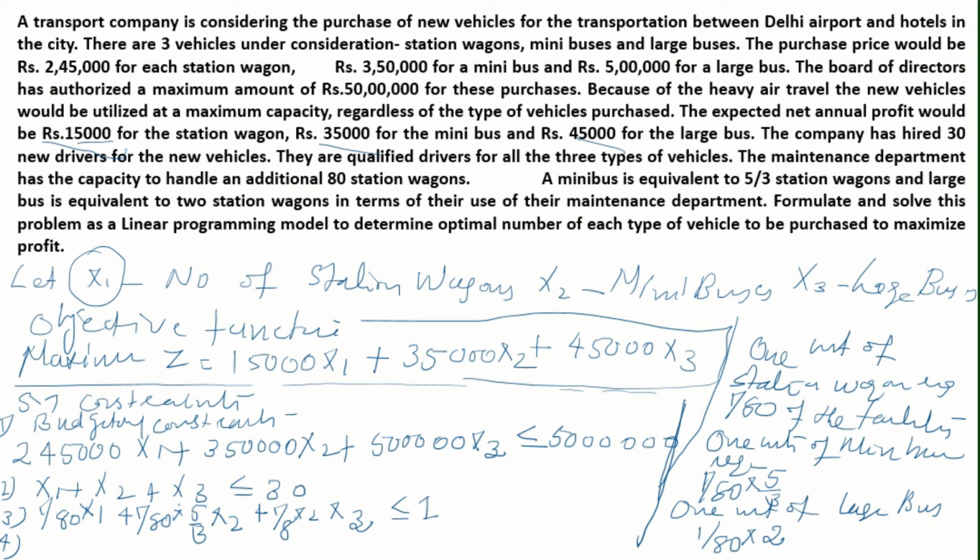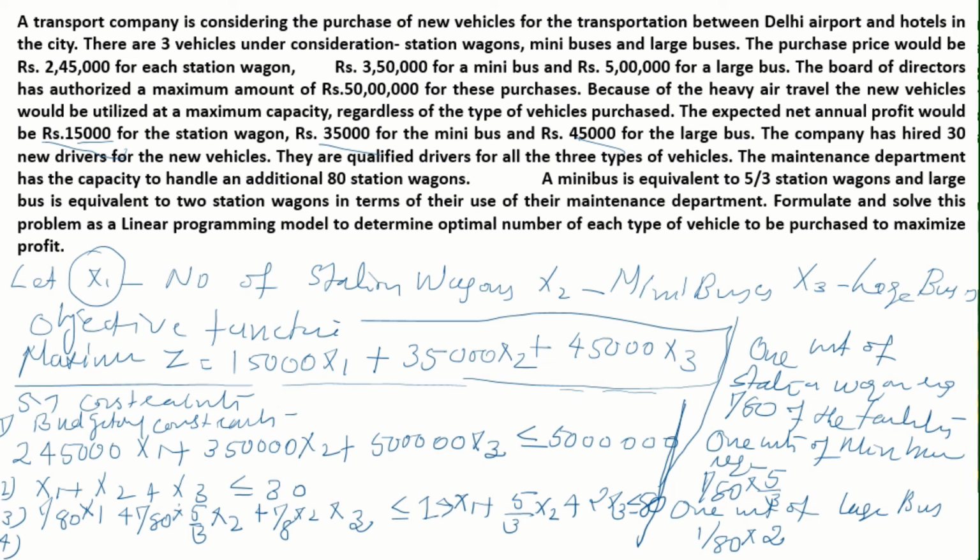Now if you multiply by 80, you will get x1 plus 5 by 3 x2 plus 2 x3, which is less than or equal to 80.